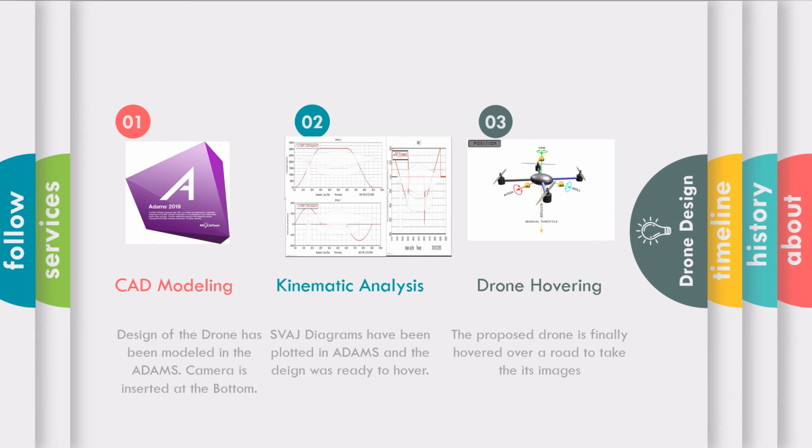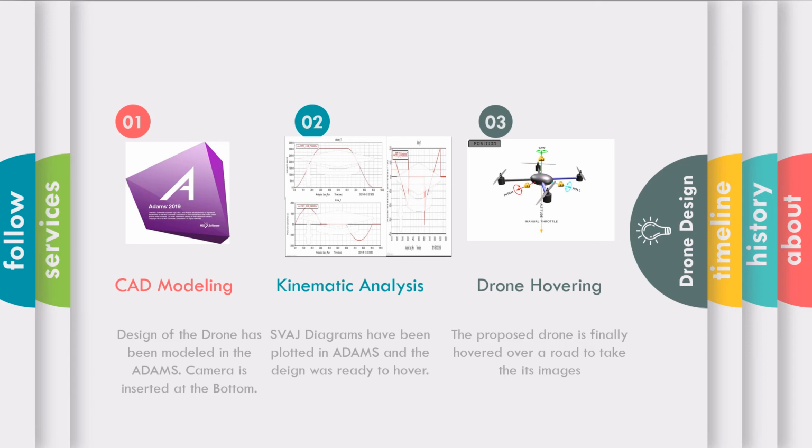We plotted the displacement, velocity, acceleration, and jerk diagrams in Adams, and we have proved that this design doesn't contradict the fundamental law of cam design. Finally, this drone is hovered over a line, over a road and a railway line, and it takes images.